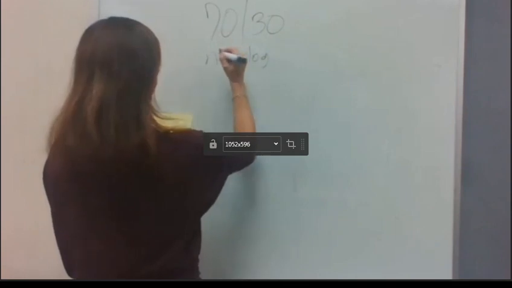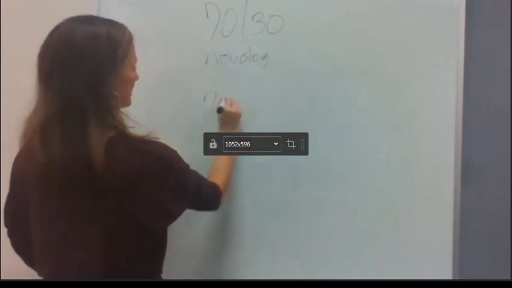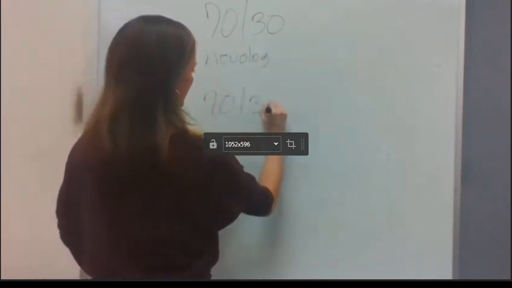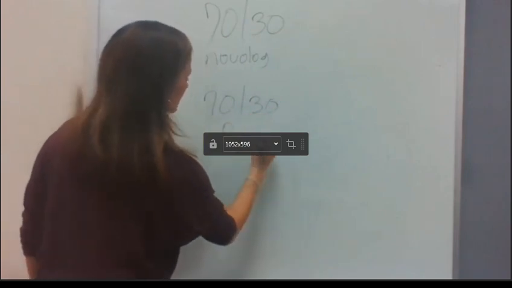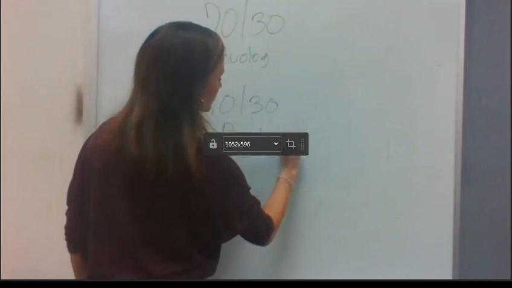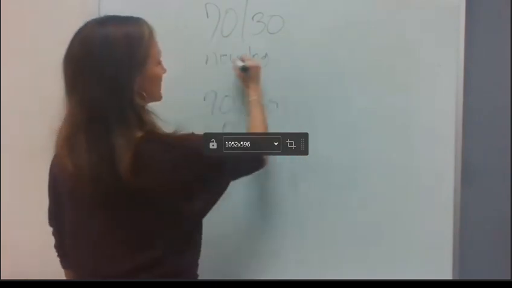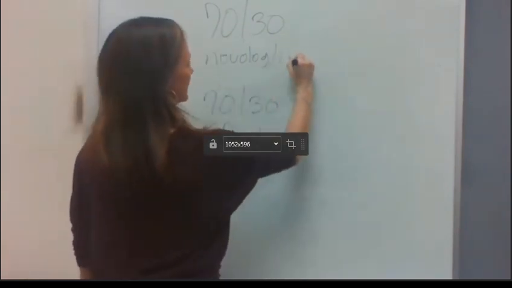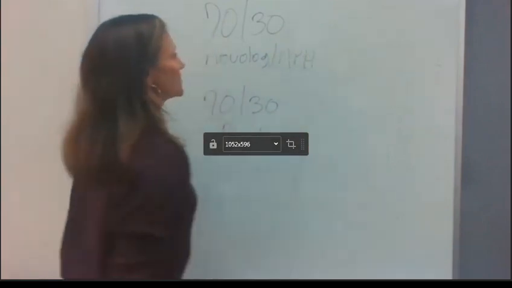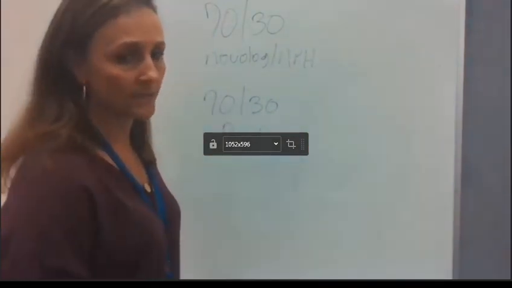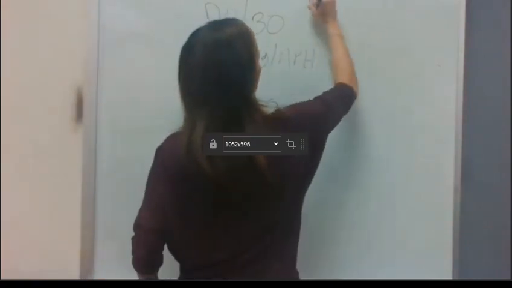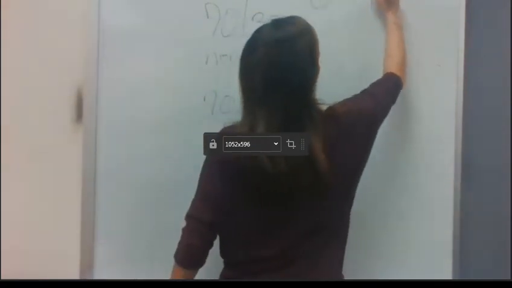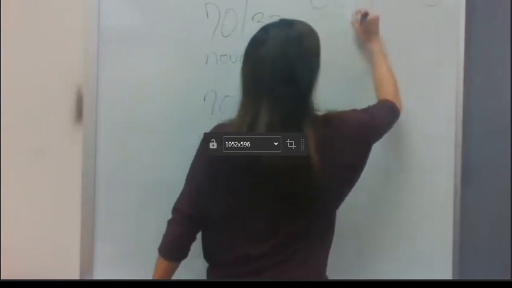Novolog, and then I also have a 70-30, which is going to be my regular. And when I say regular, it's a mixture of regular and NPH, or it's a mixture of Novolog and NPH. Okay, so now we've got to decide what's our onset, peak, and duration of these. O, P, D.